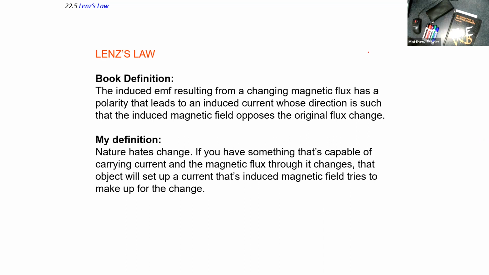So there's a lot of words here, but the point of it is, if you identify a change in flux, all right, you've changed your magnetic field or you changed your area, whatever it is, your coil will generate a current. That current will generate a magnetic field, and that magnetic field has to undo the change in flux, or has to attempt to do it.